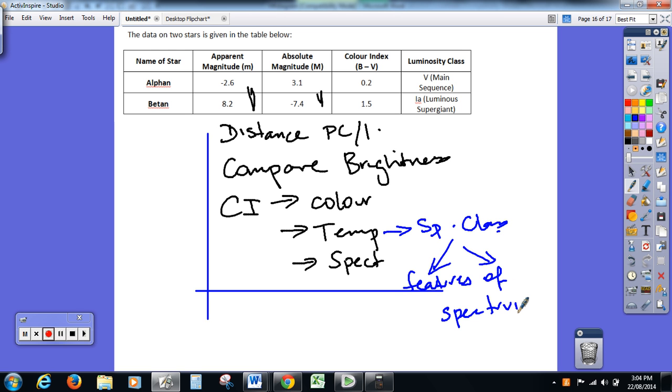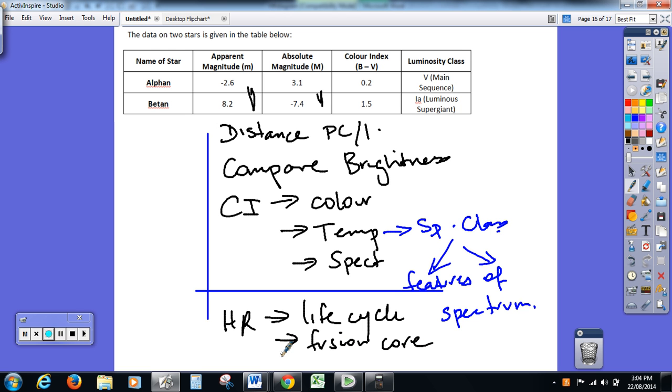These are things like certain absorption lines, the presence of titanium oxides and so on in the atmosphere of stars. And finally, we can work out their position on the HR diagram, and that means we know where they are in their life cycle. We know what is happening in their core with fusion, and we can also compare their density.